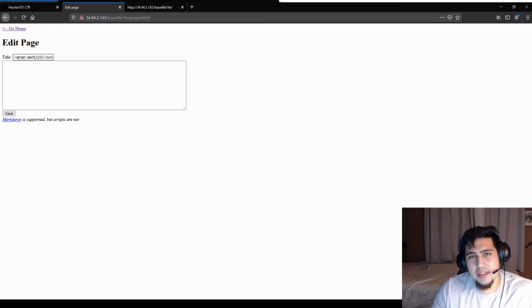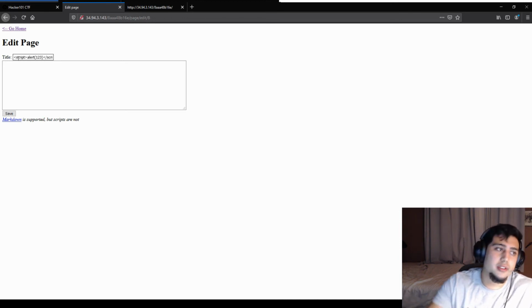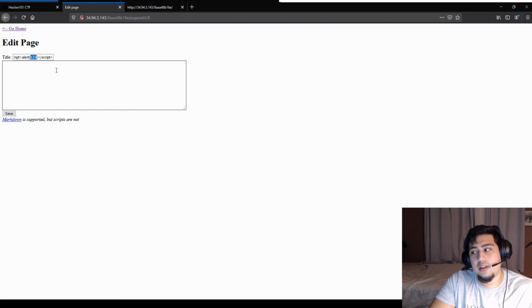The example I had used when I first started was to trigger a dialog box script, and that would return the flag. So what I have set up here is a script alert, and the alert box will trigger a pop-up window that says 123, and that would be considered a cross-site scripting injection.